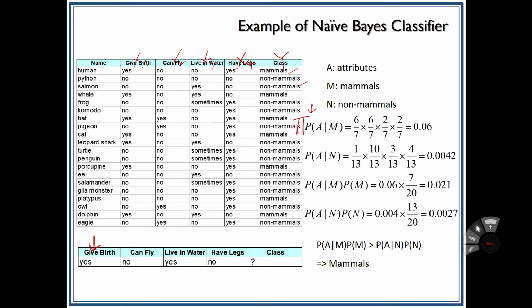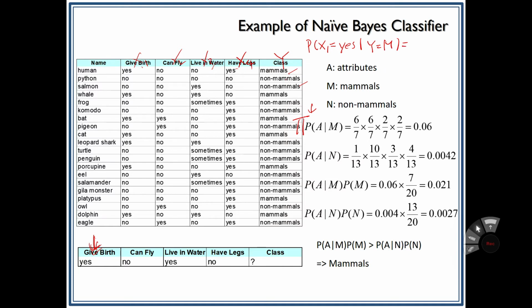Because this one gives birth, we have to find the conditional probability x1 equals yes, given y equals mammal, and that can be estimated in this way.